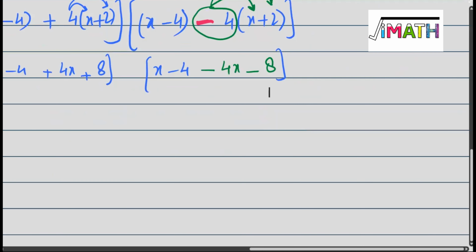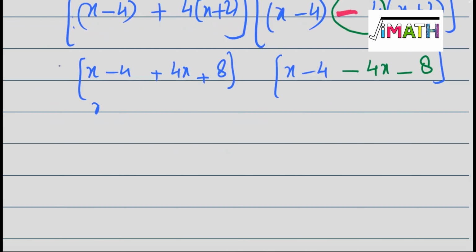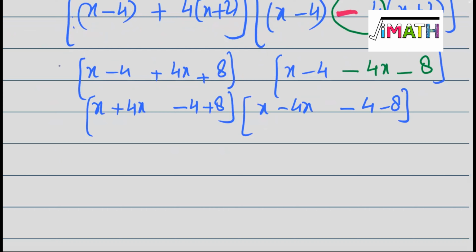And if we just add the like terms, I would get x plus 4x, these are my variable terms, and minus 4 and plus 8, these are my constant terms. And if I do the same thing, x minus 4x variable terms, minus 4 and minus 8 my constant terms.